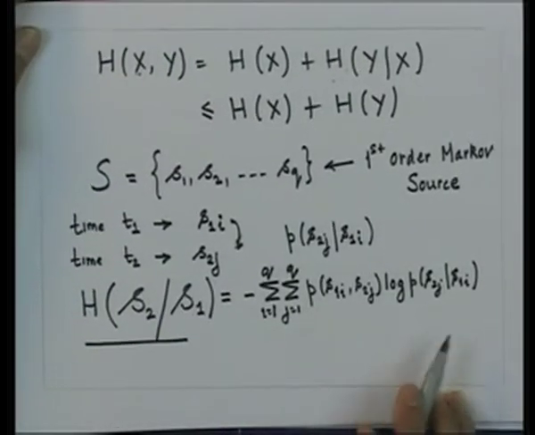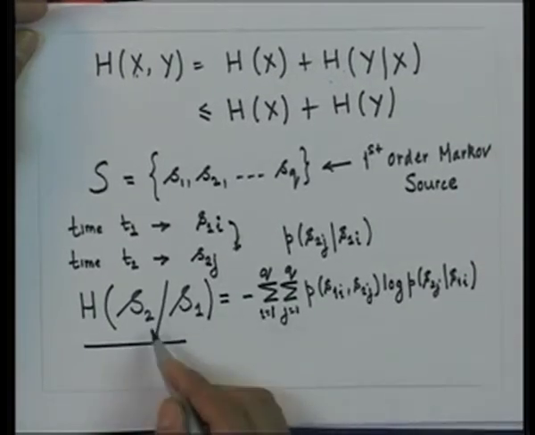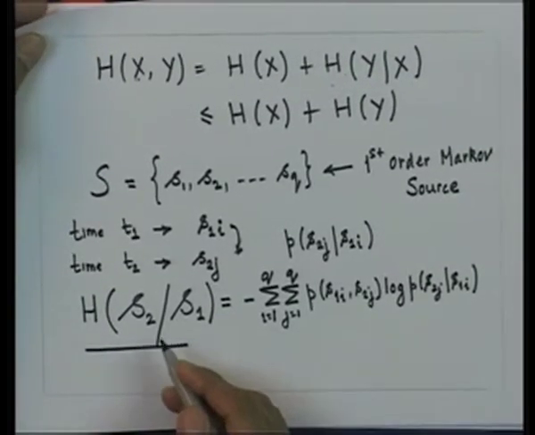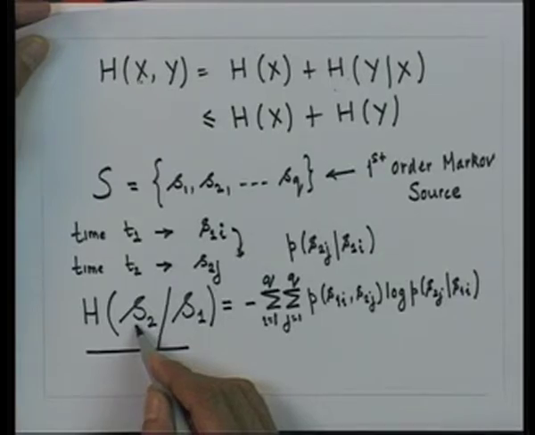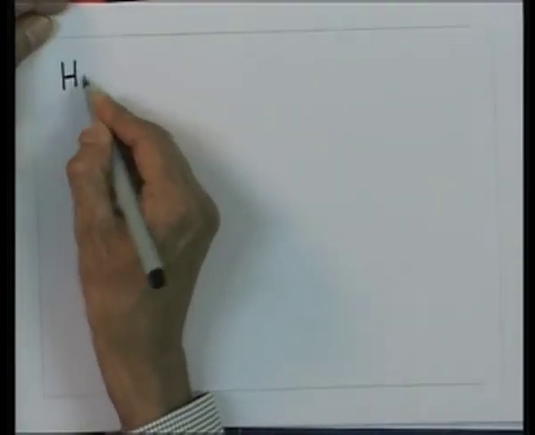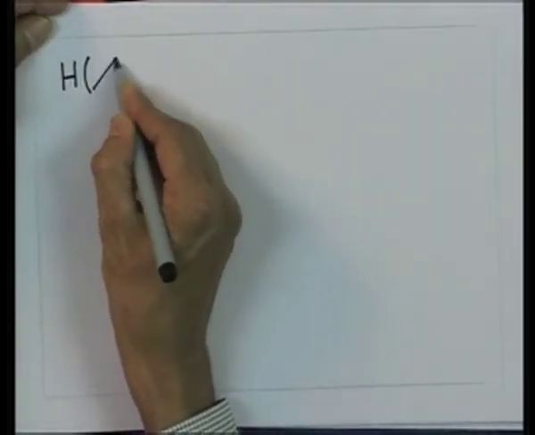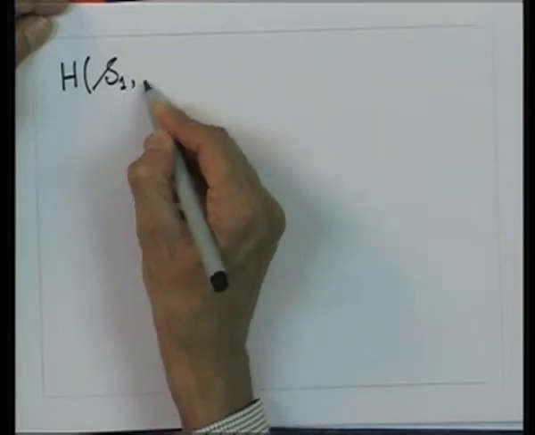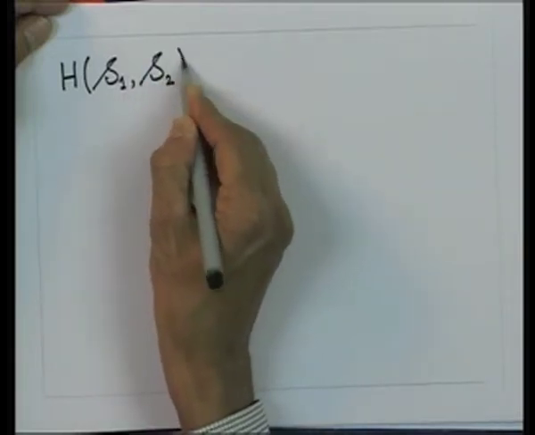Correct? So, if I were to find out what is the joint information between S2 and S1, we can find out very easily as H of S1, S2.